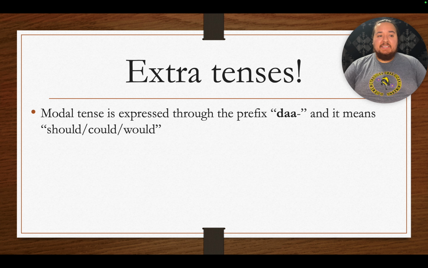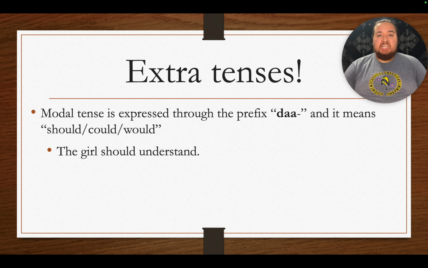So modal tense is expressed through the prefix da, D-A-A dash, and it means should, could, or would, depending on context. So, the girl should understand. We know the word for girl is connaissance. We know to translate should is da, and our word for she or he understands is incitum.